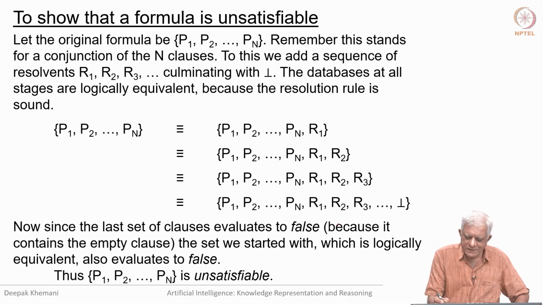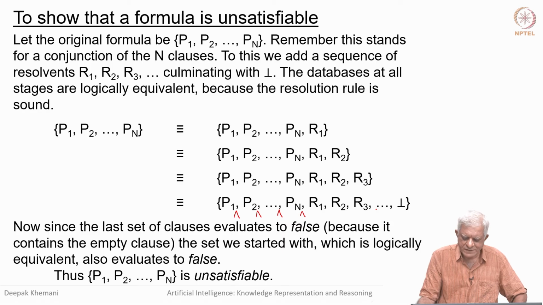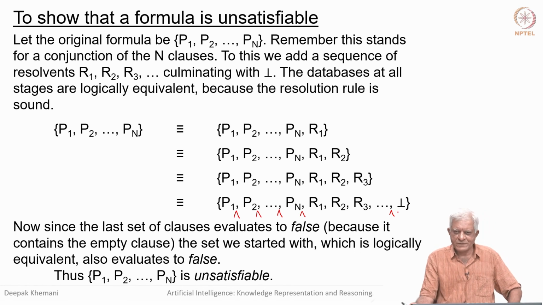Because remember that this is like a conjunctive formula, P 1 and P 2 and so on. These are clauses. So, inside they may have some disjunctions, but there is an and connecting all of them, and when you say something and false, it must be false.